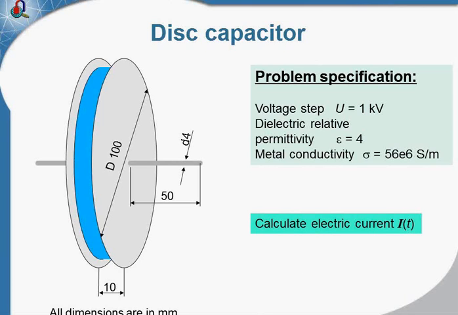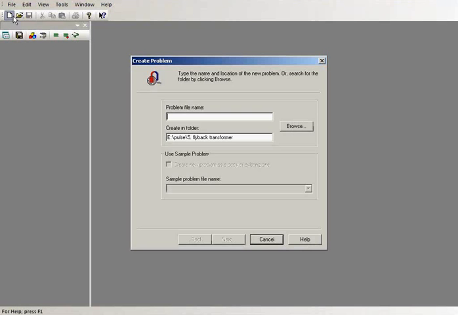Now I run QuickField, our simulation tool, and first I create the new problem. Here I should specify the problem name and the folder where the files will be stored. I call the problem the disk capacitor.